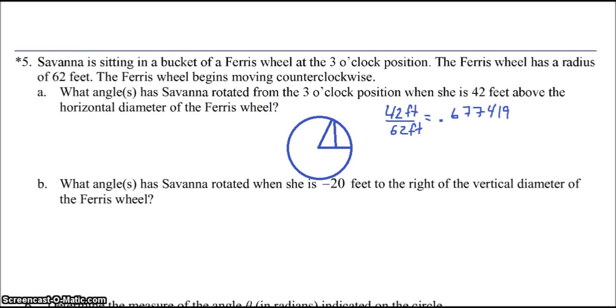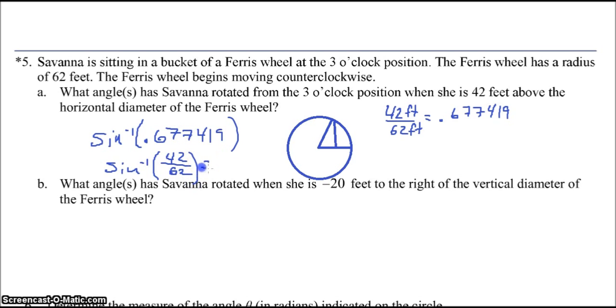So what we're really looking for is the inverse sine of 67%. We could have just put inverse sine of 42 over 62. 0.744249.